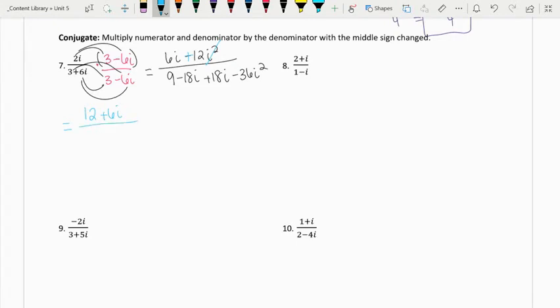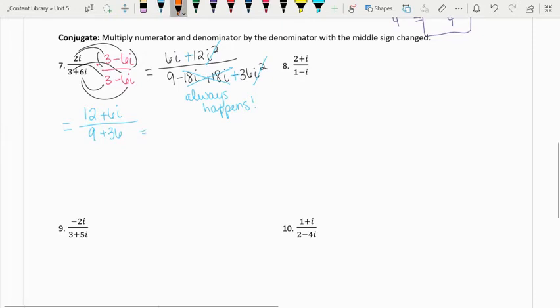In our denominator, 18 i's cancel, which will always happen with the conjugate. The middle 2 are going to cancel. And then we have i squared, which makes the 36 a positive. So we're left with 9 plus 36.